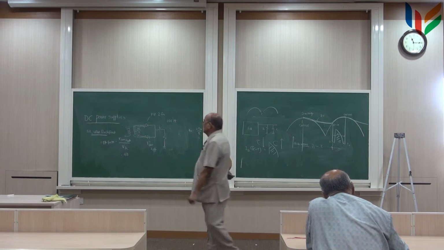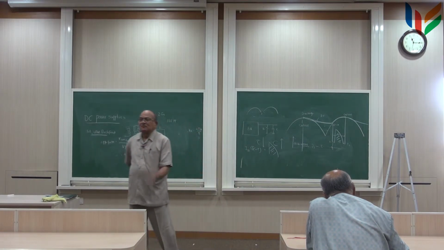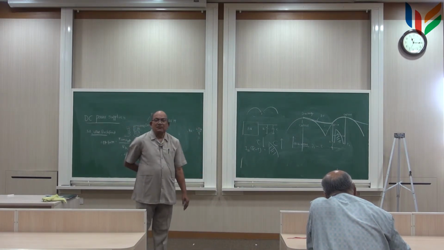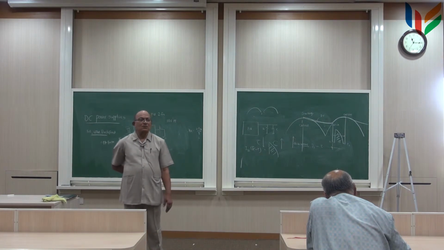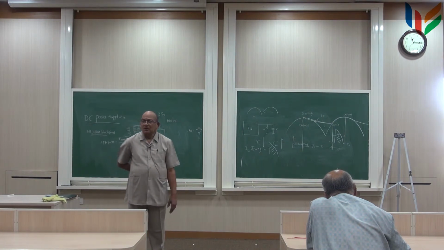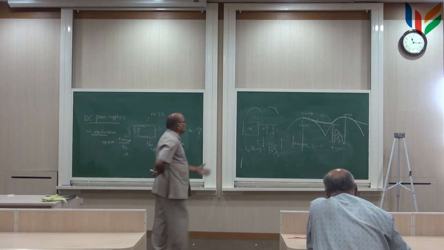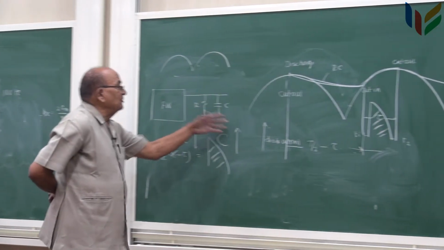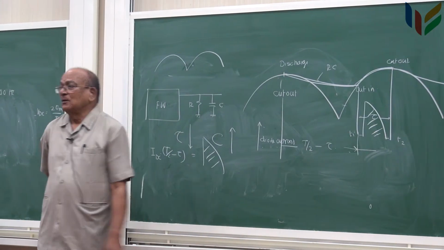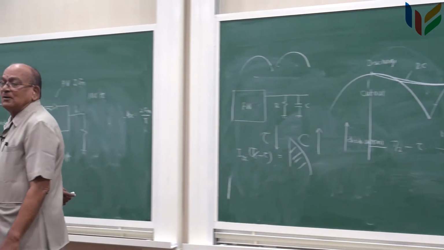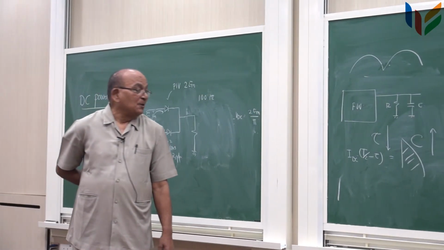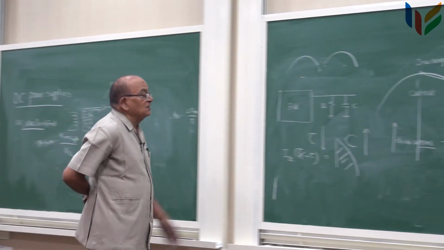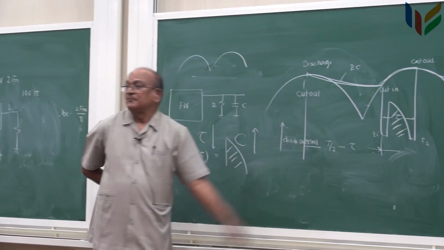Because of this reason, you will have to do some give and take and choose a value, obviously not too high, but some respectable value in between the low value and the high value. On one side you want to decrease the ripple, and on the other side you want to decrease the diode current.